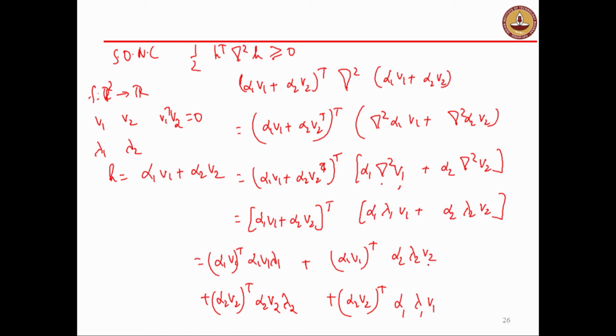The only vectors are V1 and V2. What do we know about V1 transpose V2? It is 0, and V2 transpose V1 is also 0. So all of this goes to 0, and I can ignore it.